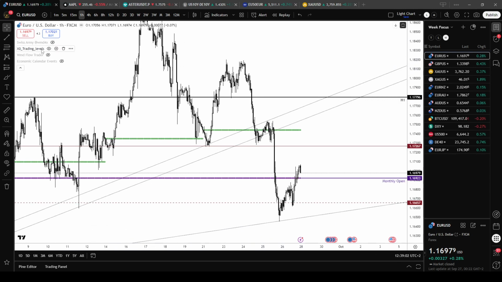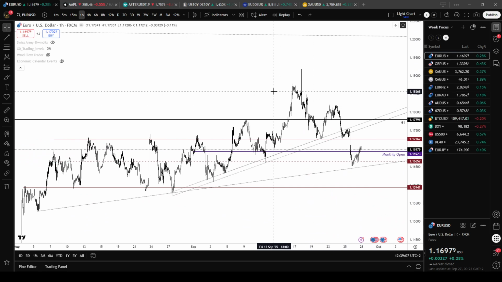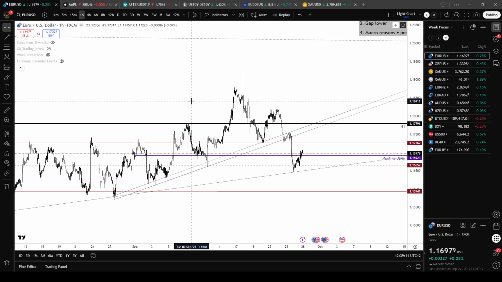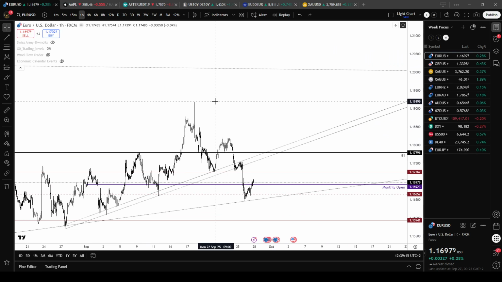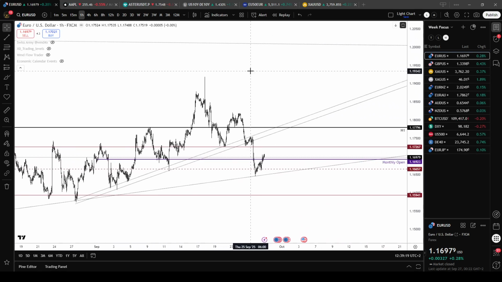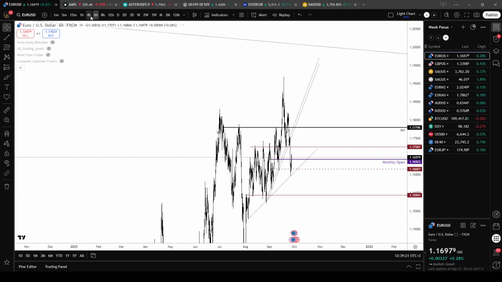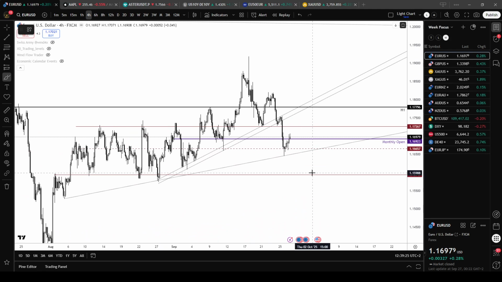So now that we have a very clear bearish bias, what are the triggers and how do we get short on this market? Well, I do think the first target is very obvious.